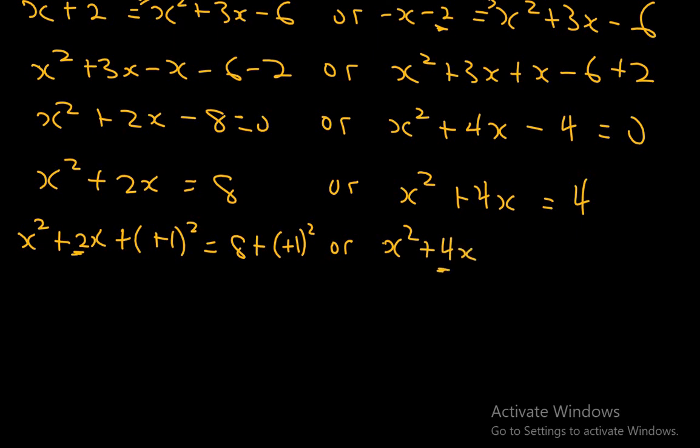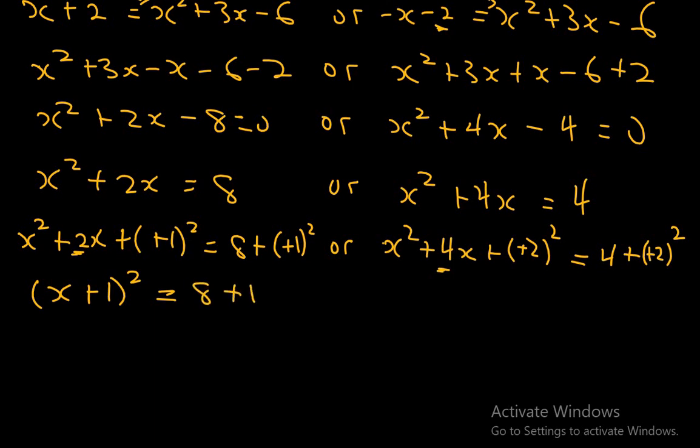What is the coefficient of x here? 4. Half it, you have plus 2. Square it and add it to both sides. So if I add it to both sides, I have 4 plus 2 all squared. Then you can factorize what you have on the left hand side, which is x plus 1 all squared, and simplify the right hand side, which gives you 8 plus 1.